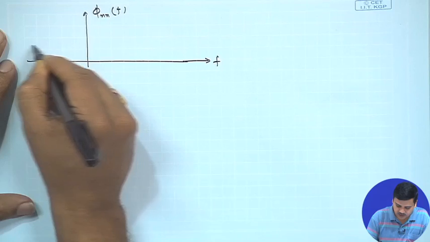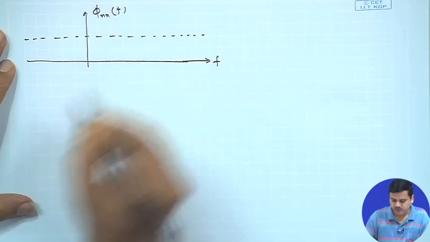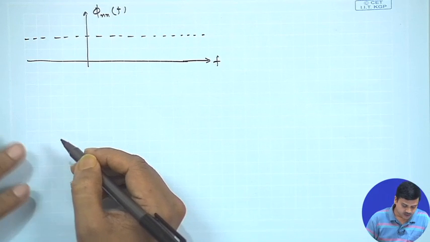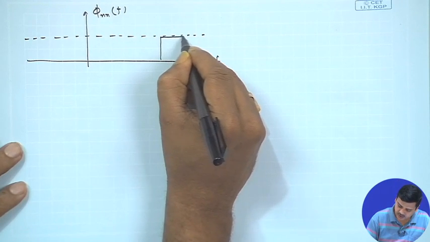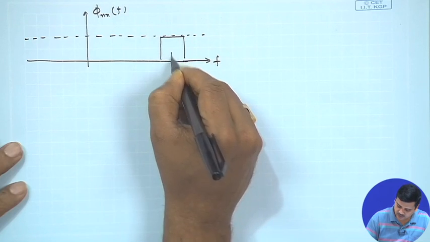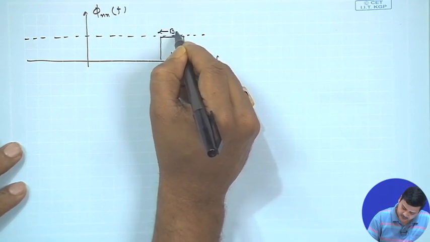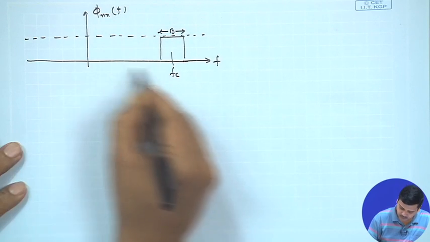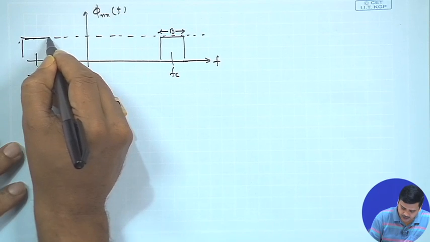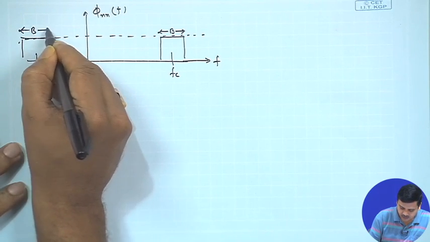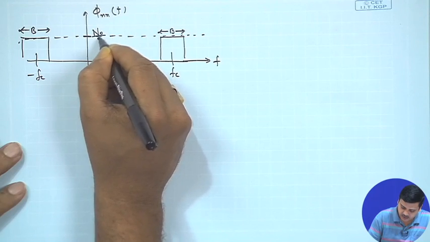Otherwise it was covering this entire band with a constant power, but now we say that it is covering only a particular band which is centered around f c, and let this band be B. Similarly on this side, if we mark this as minus f c, it is covering this band, and the value is n naught upon 2.